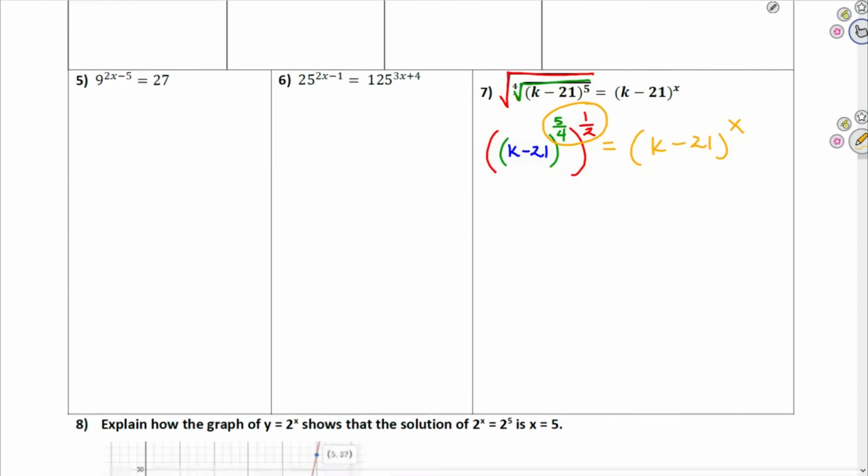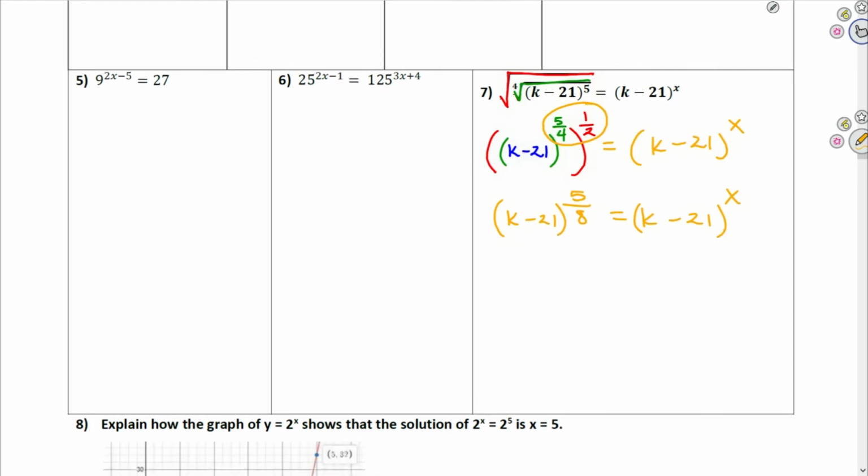Whereas with the radicals, there isn't really a way to think through how to smush together or combine a square root and a fourth root, okay? But what you do get with exponents is 5 times 1 is 5, 4 times 2 is 8. Okay, so you get the 5/8 power of k minus 21 equals k minus 21 to the x power.